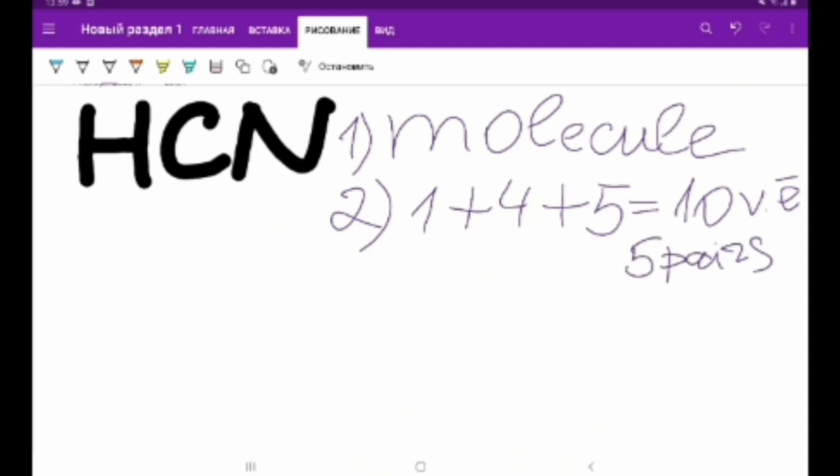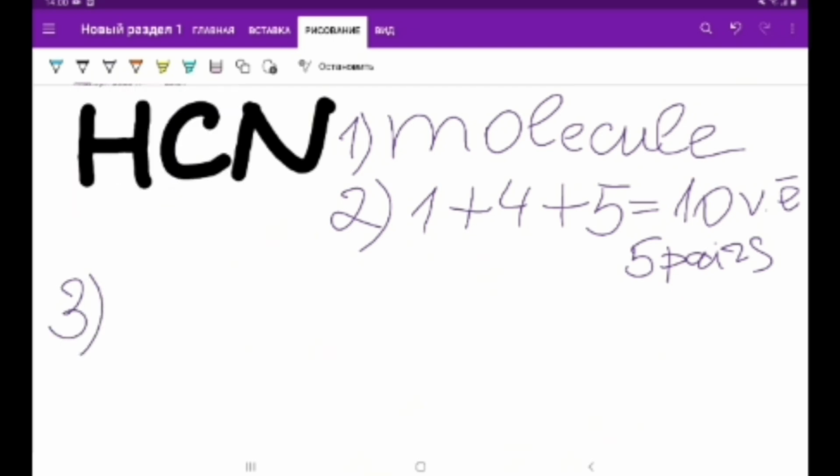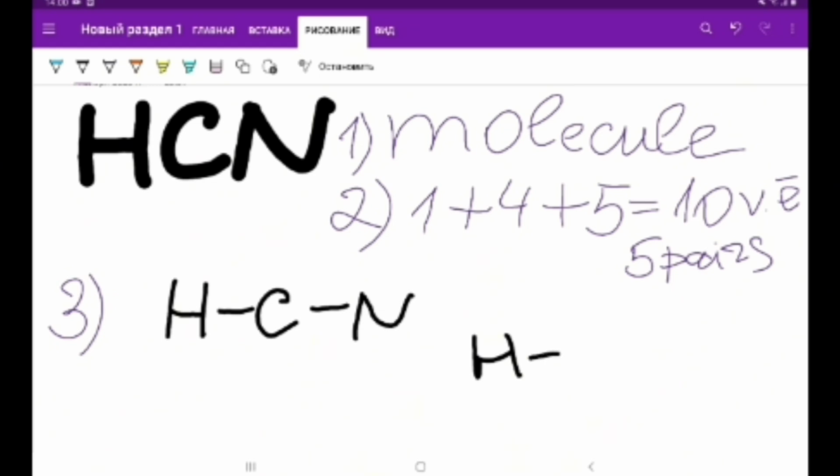On the third step, if you remember, if not, watch the first video again, we draw the skeleton. Let's draw. It can be like this, or maybe like this.